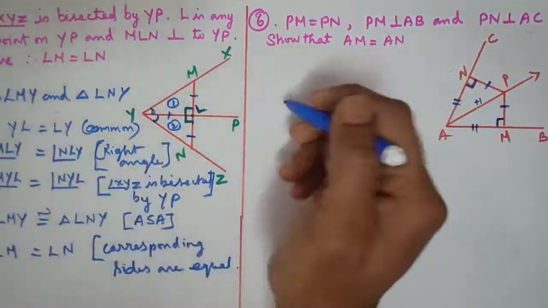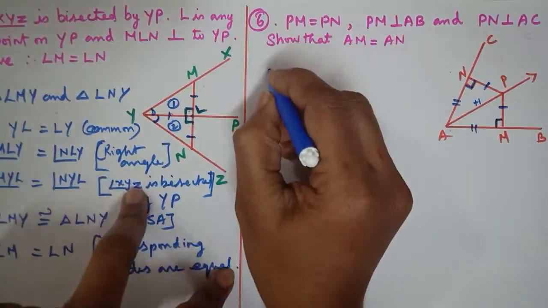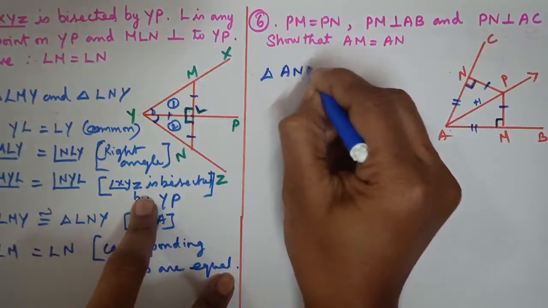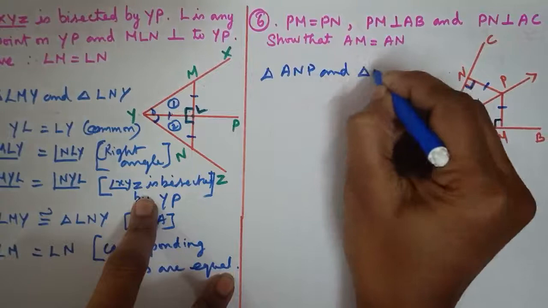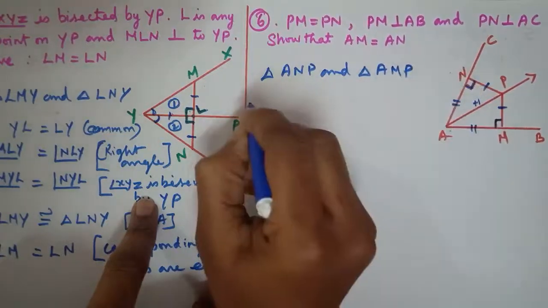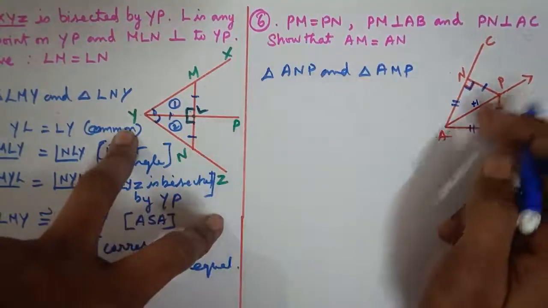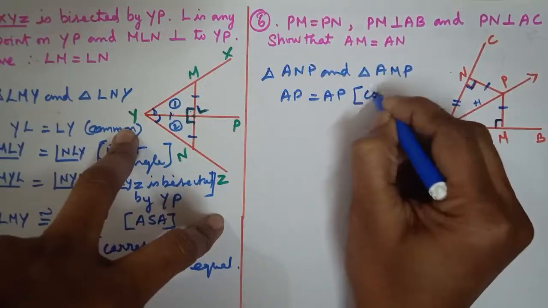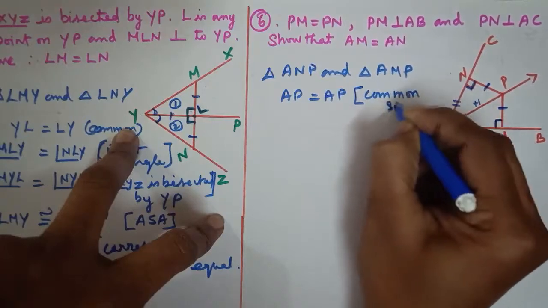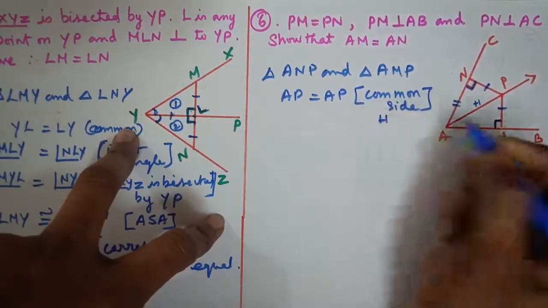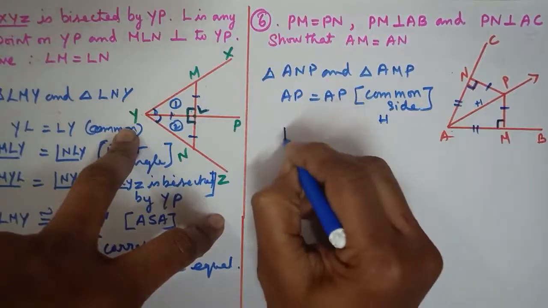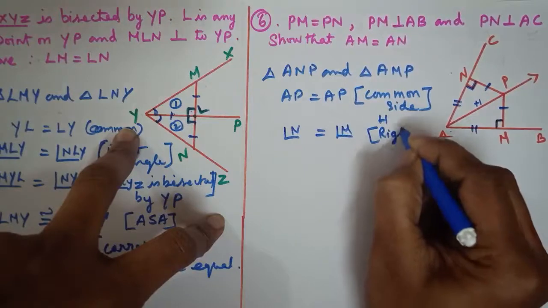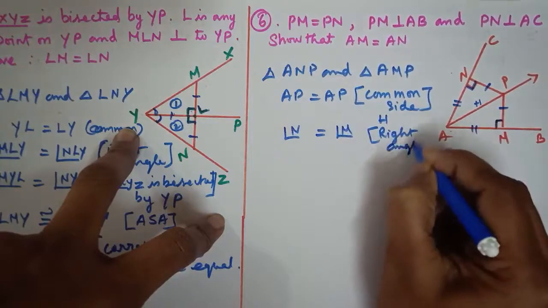So here, students, let's consider triangle ANP and triangle AMP. Here AP is equal to AP, because it is a common side, and this is the hypotenuse, because the right angle is there. Then angle N is equal to angle M, right angle, given.